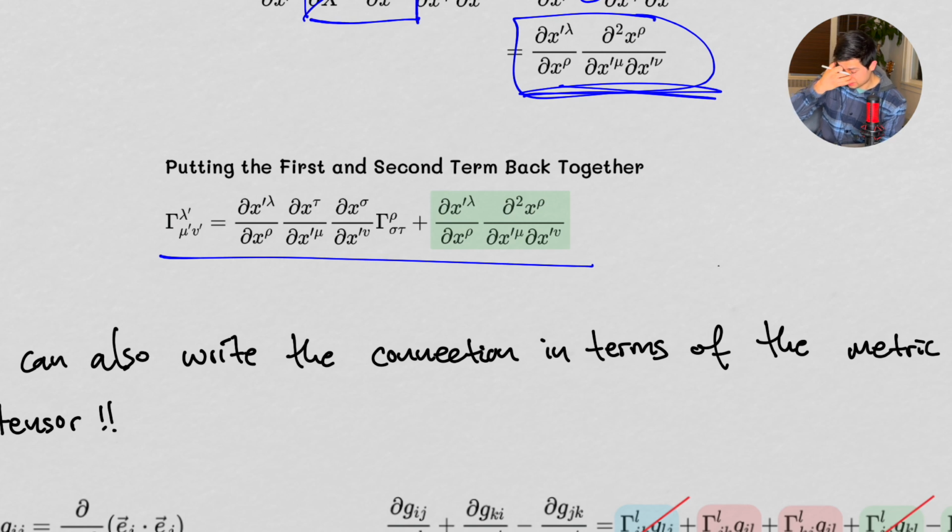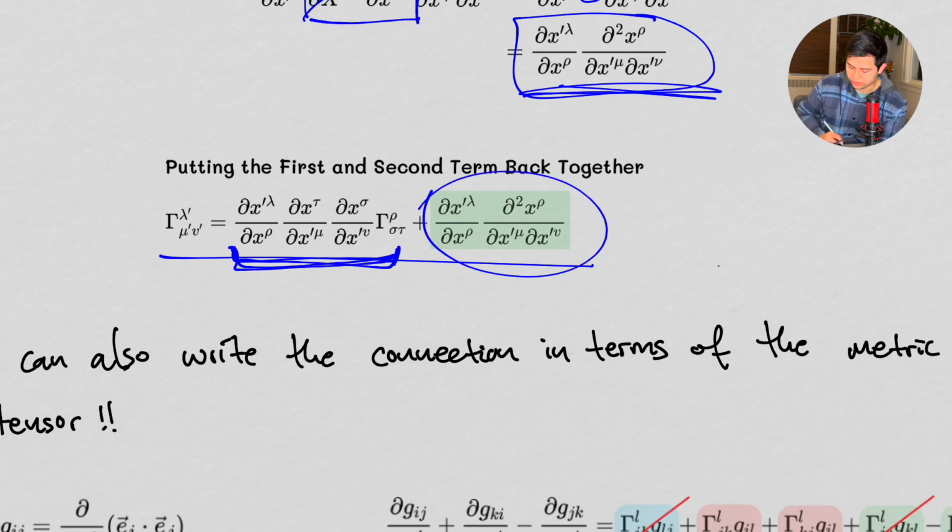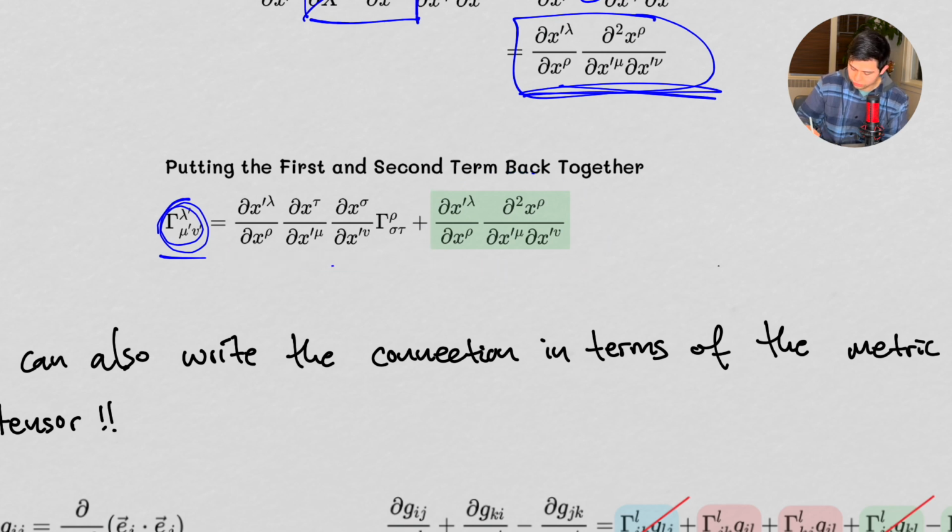Now this guy is interesting. This is the tensor transformation for any arbitrary tensor. But then we have this added on thing, and this added on thing makes things a little bit complicated. It says that this guy doesn't transform as a tensor. It transforms in its own unique way, with this added thing at the end, this green part.